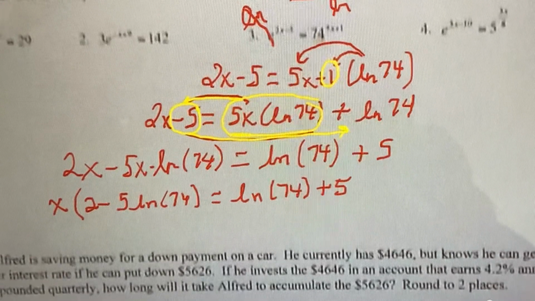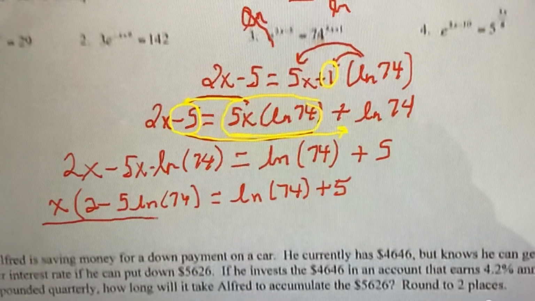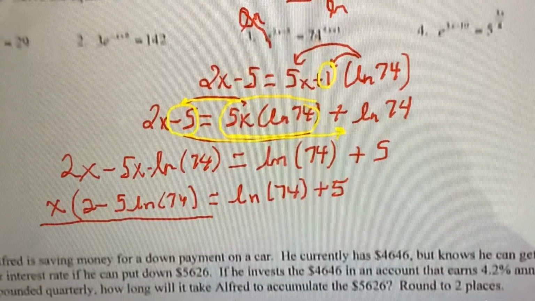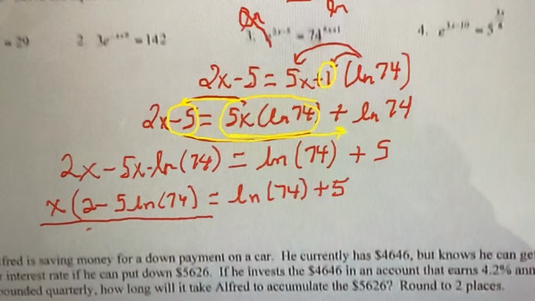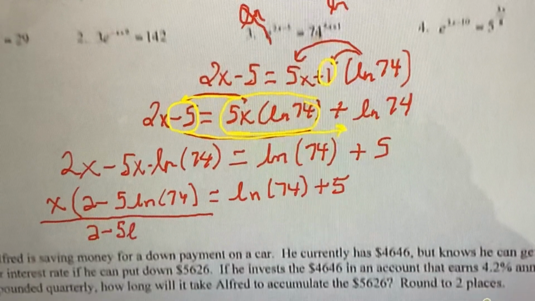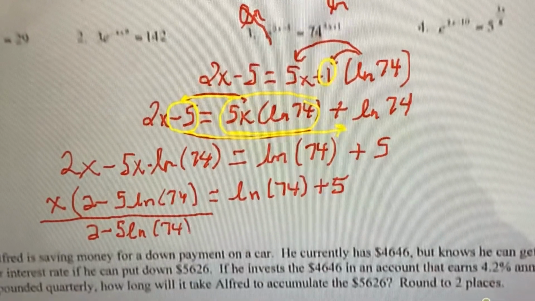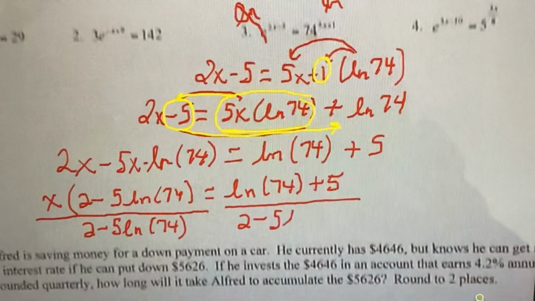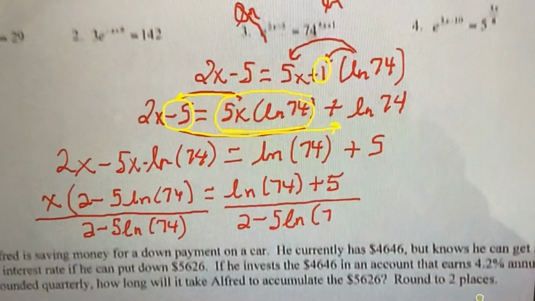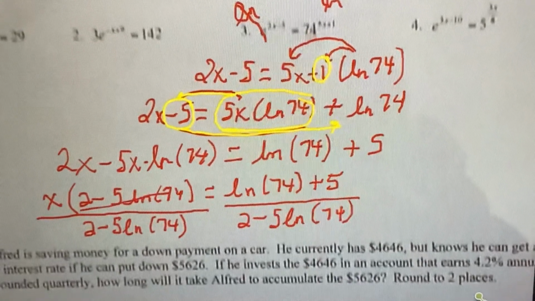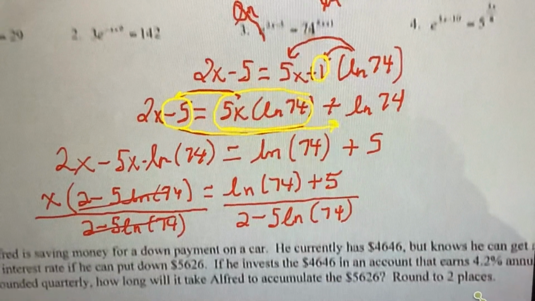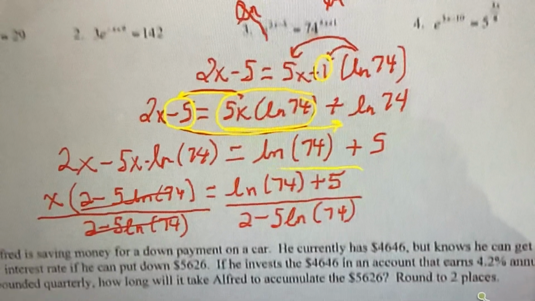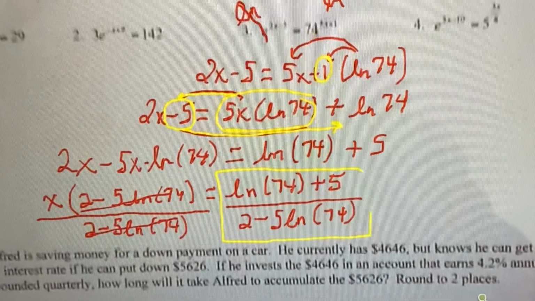And so at this stage, I'm going to eliminate the information next to x. So I'm going to divide by 2 minus 5 natural log 74. What you do to one side, you do to the other. 2 minus 5 natural log 74. That way this all cancels. And what you see here, that's on the right-hand side, is the exact expression.